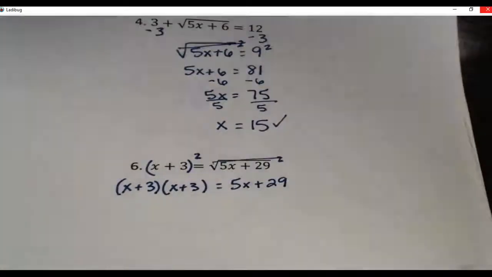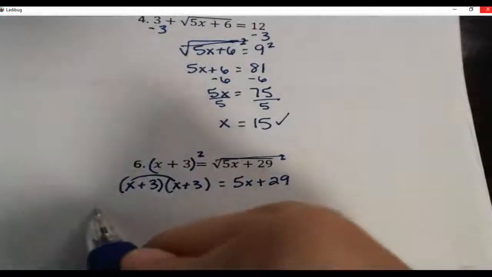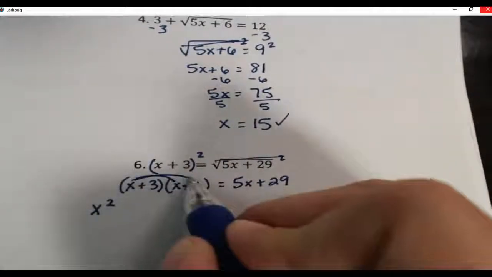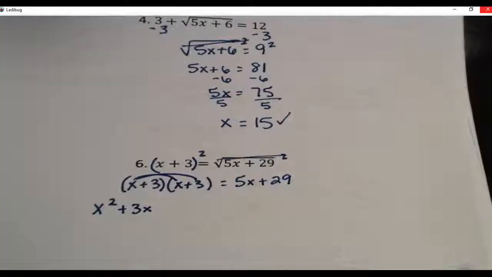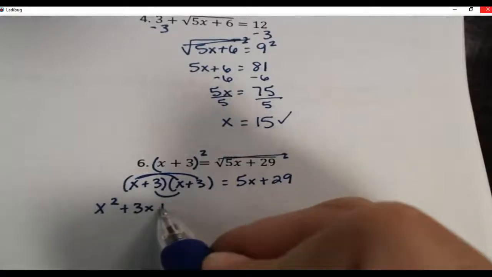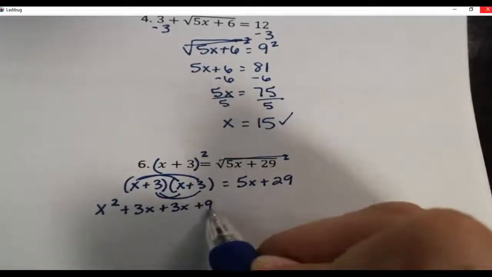And so then we have to multiply it, FOIL it out. So x times x is x squared. x times 3 is 3x. And then 3 times x is 3x. 3 times 3 is 9.